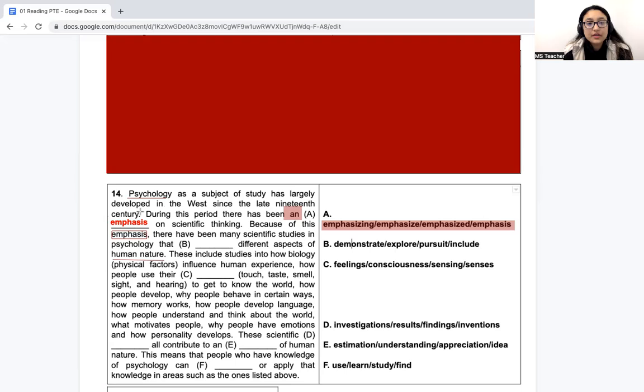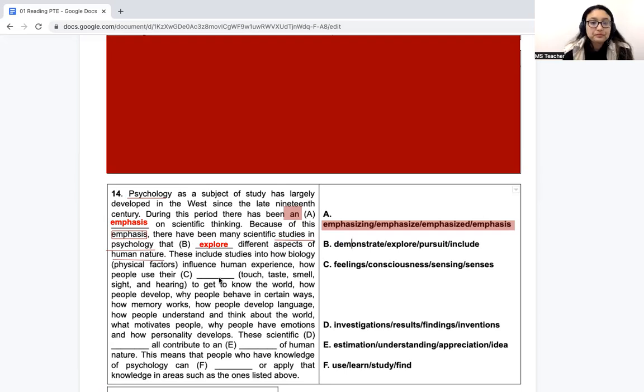Psychology is a very studied subject, and people have been putting a lot of emphasis on this. And because of this emphasis, there are many studies in psychology, because psychology is all about human beings and human brains. People are exploring human nature. So the studies are exploring. Exploring means knowing more about human nature.